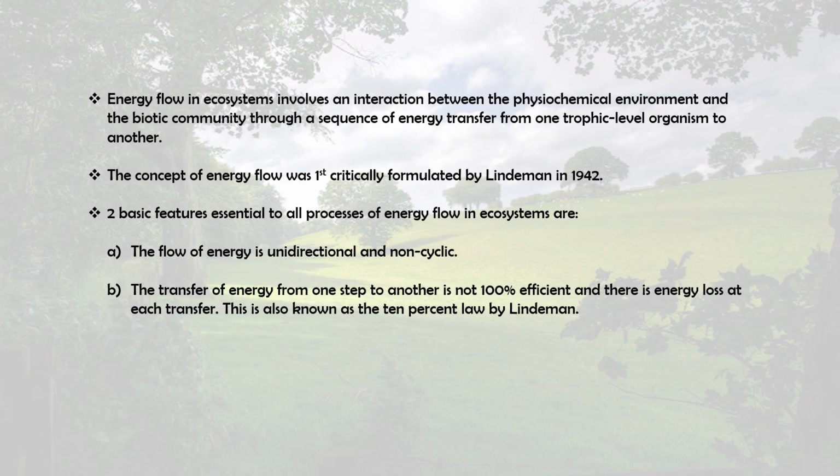Energy flow in ecosystems involves an interaction between the physiochemical environment and the biotic component of the ecosystem through a sequence of energy transfer from one trophic level organism to another.